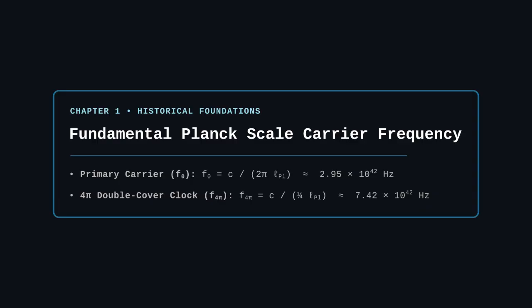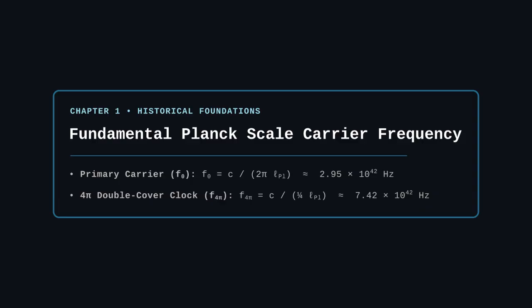Rather than treating this high-frequency oscillation as an emergent byproduct derived from lower energy inputs, MSVT postulates that the primary vacuum substrate possesses an intrinsic zero-point breathing cycle operating at the Planck scale limit. The carrier frequency, F0, equals the speed of light divided by 2 pi times the Planck length, yielding approximately 2.95 times 10 to the power of 42 Hz.